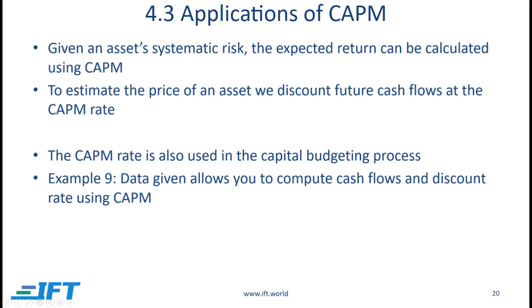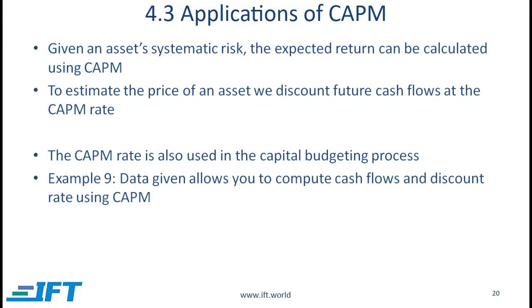We now come to the applications of CAPM, and here we will focus on two major applications. Let's start with the estimate of expected return. We've in fact done this several times already. Given an asset's systematic risk or beta, the expected return can be calculated using the CAPM formula.